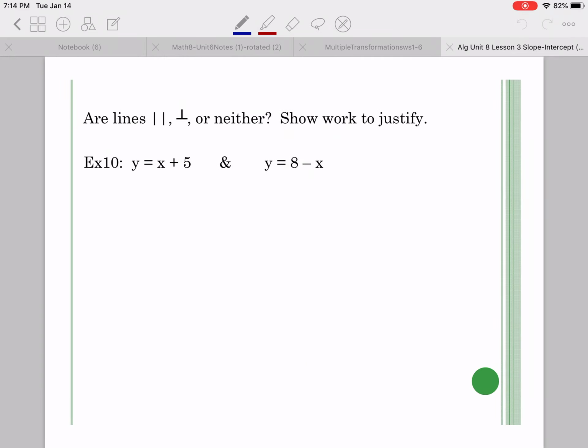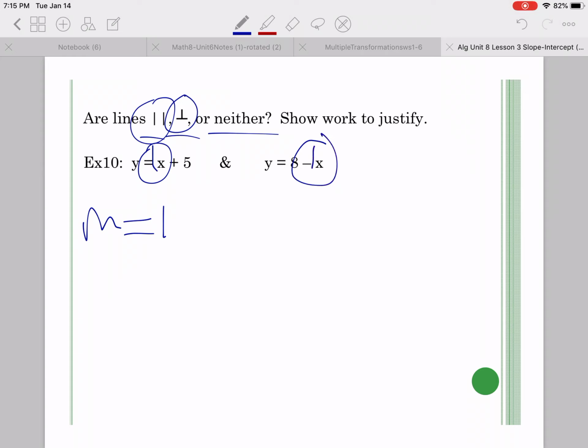All right, so we're going to see here, are the lines parallel, perpendicular, or maybe they're neither, which is actually most cases typically, but we'll probably see plenty of those two situations. So here, let's look at the slopes. That's really what we're trying to figure out. We have a slope of 1 on the first one. That implies 1 times x. That's, of course, not written, but it would be 1. And then over here, in front of the x would be minus 1.